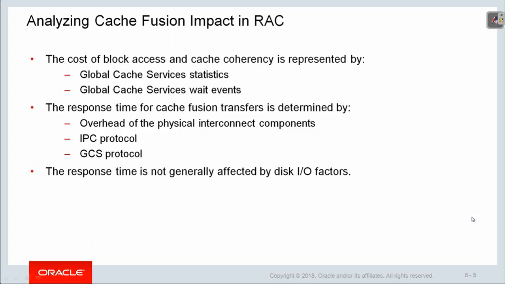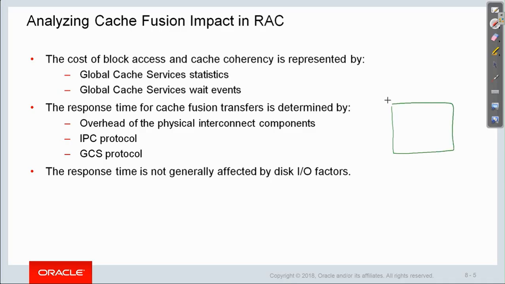So let's take a look at analyzing cache fusion impact in RAC and the cost of a block access. Now let's take a look at this. I'm going to give you this information. Suppose that you have a single instance database, and we have a database block in memory here.